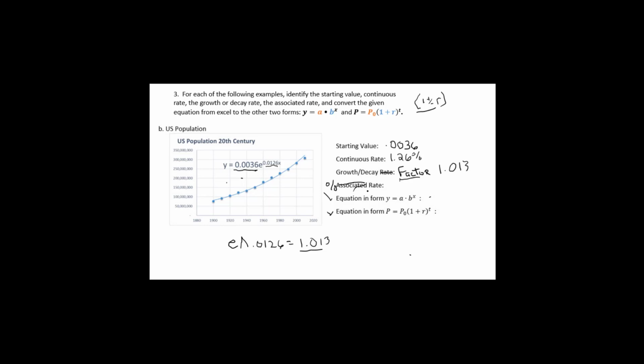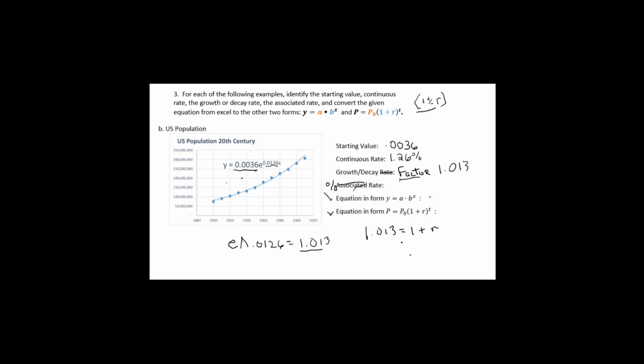So the associated percentage rate would be, look, you can do it this way. This is 1 plus r here. So you can actually do this. You can go 1.013 equals 1 plus the rate.